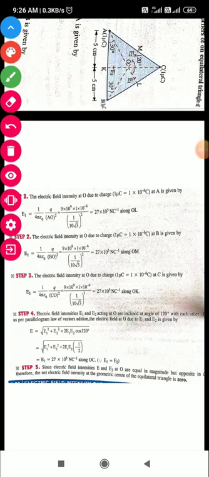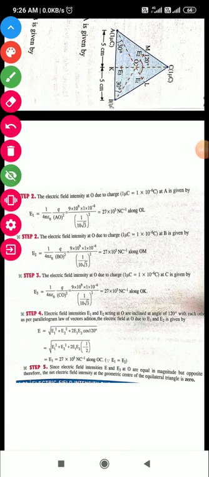Here we have found E1, that is 27 into 10 to the power 5 Newton per coulomb. Similarly E2 and E3 are the same, because distance and charge are the same. We will find the resultant of E1 and E2. E1 and E2 are at an angle of 120. By the vector method, the resultant is E1 square plus E2 square plus twice E1 E2 cos 120.